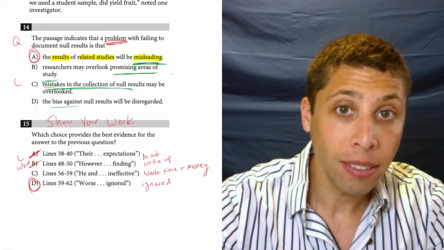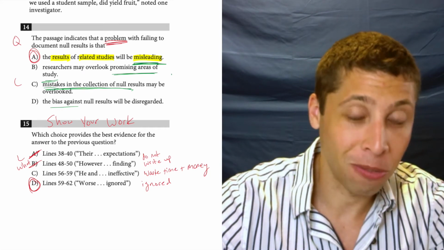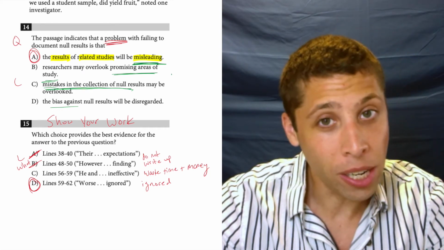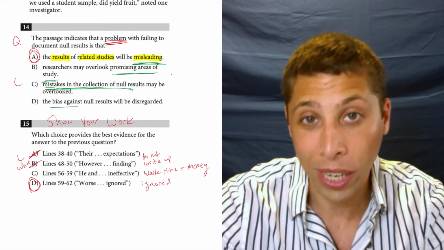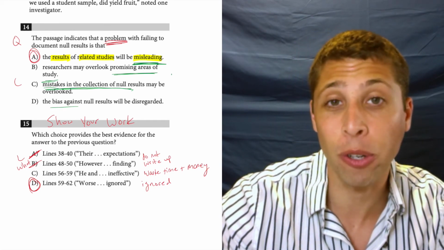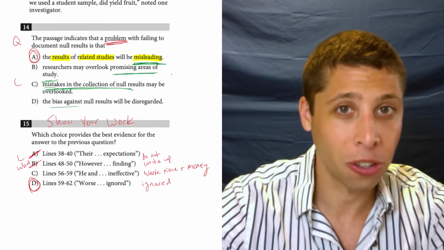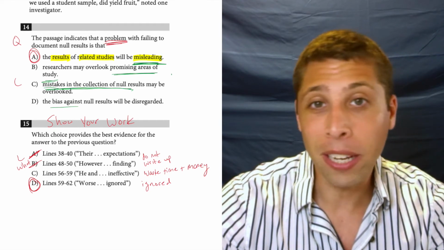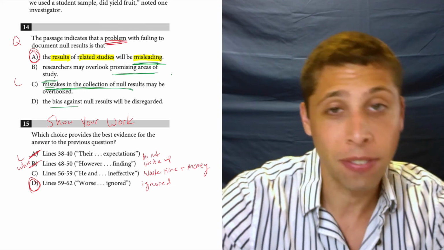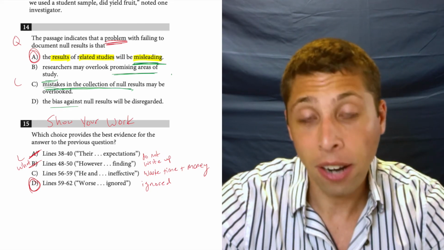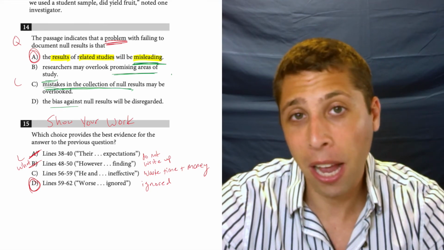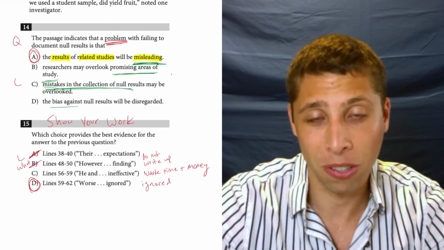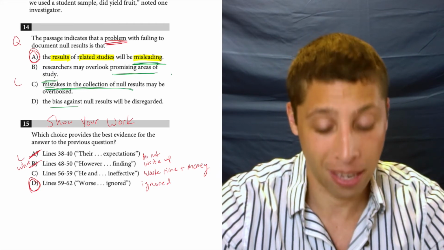I would not leave these questions feeling 100% confident, but with reading, we can't always get 100% confidence. There are going to be things we don't understand. There are going to be choices that are confusing, line references that are very dense. We're going to need to be okay with 75% confidence. And here I would probably be about that. I'd be like, look, if I have time, I'll come back to it and maybe sort through these choices again and see if there's something I'm missing.